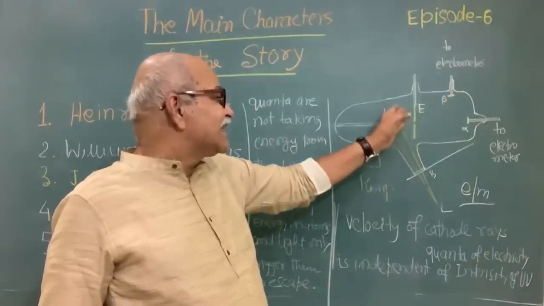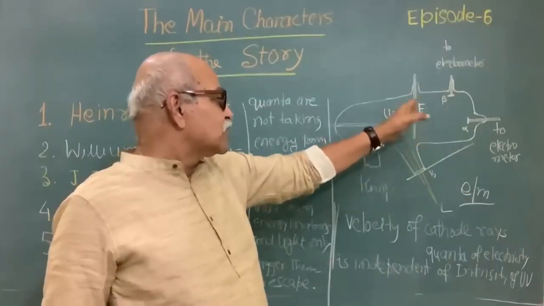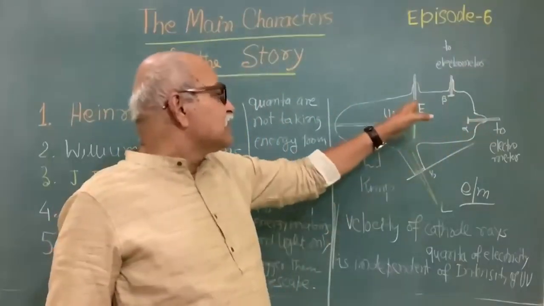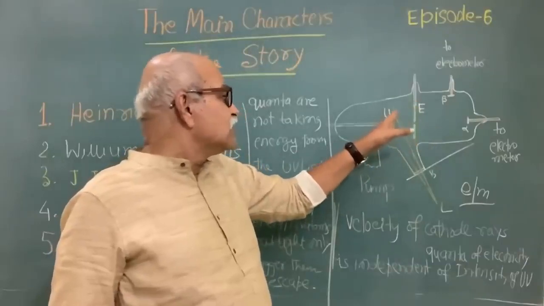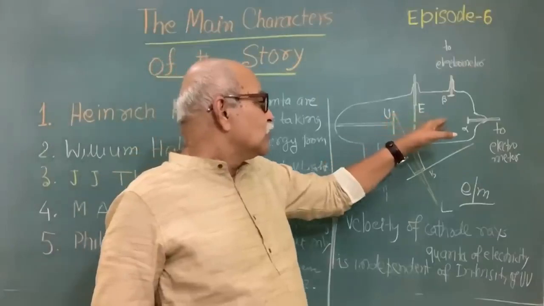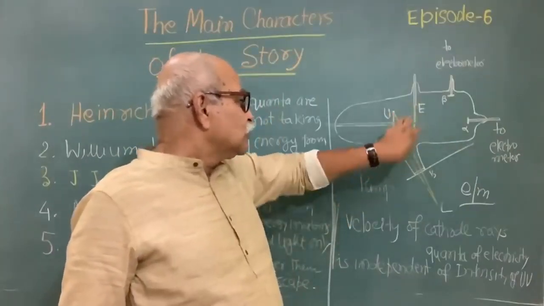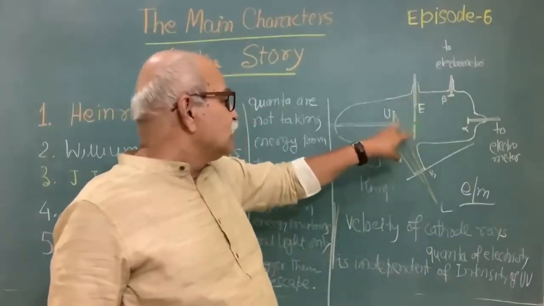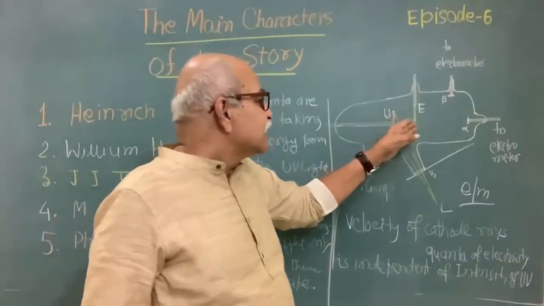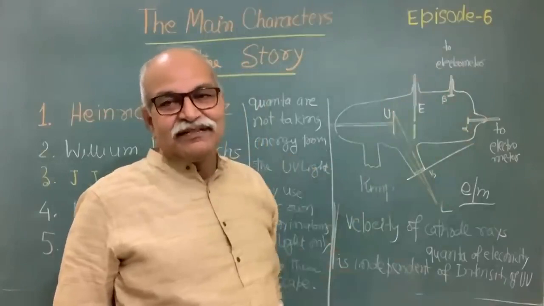Some will go in straight directions. But if you do have some kind of positive potential, then it draws them. And if it is sufficiently high, then all the quanta which are emitted go through. They are of course blocked here and there, but there is no side going in this side or that side. They are all streamed in one direction, so you get a maximum current, so that saturation current is there.